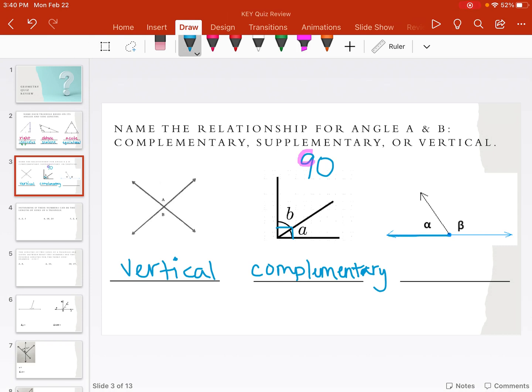And finally, this is making a straight angle, which is 180 degrees. That's called supplementary. Okay, again, if you struggle to remember that, 180 degrees, the S in supplementary is right here. S for supplementary is right in that 8.